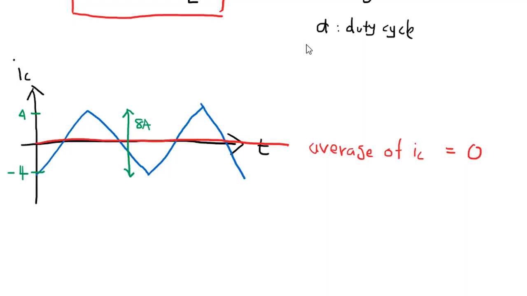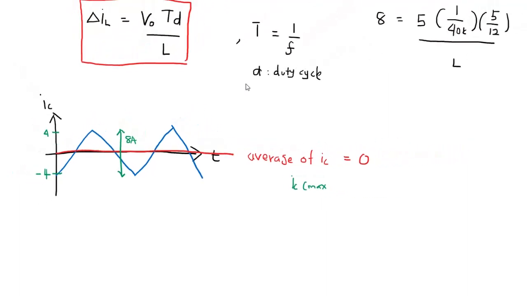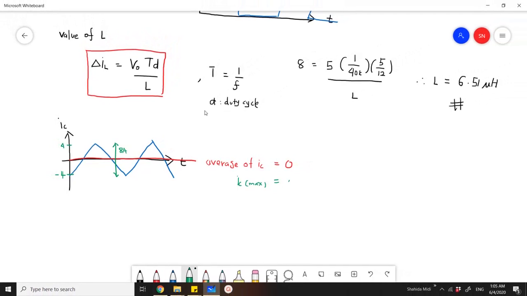So here the maximum, IC max, is 4 ampere. IC minimum is minus 4 ampere.